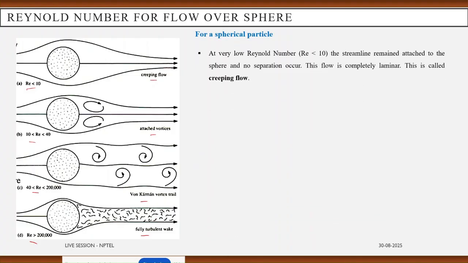At very low Reynolds number, less than 10, the streamlines remain attached to the sphere and no separation occurs. This flow is completely laminar. This is called creeping flow. When the Reynolds number is 10 to 40, the streamlines are mainly still attached, but some little vortices start to form at the back of the sphere.